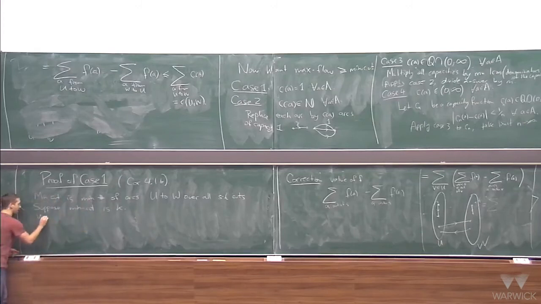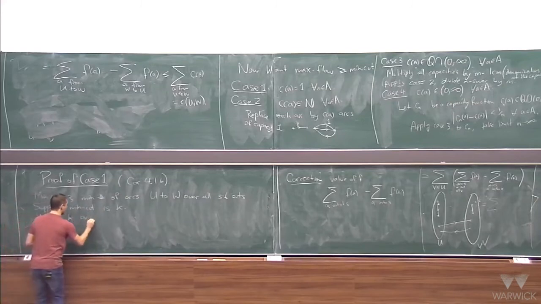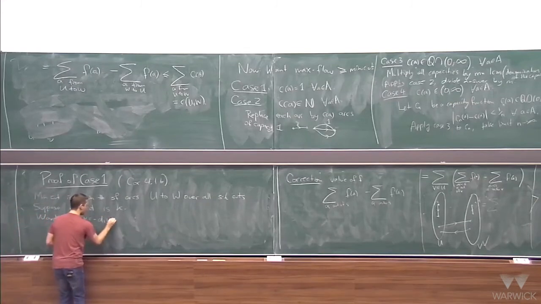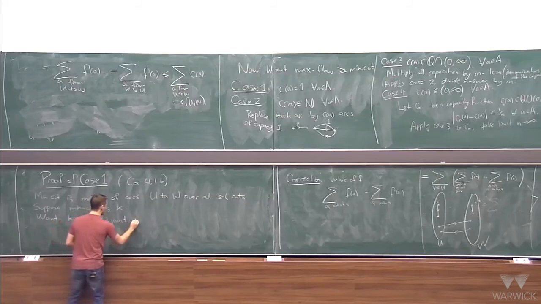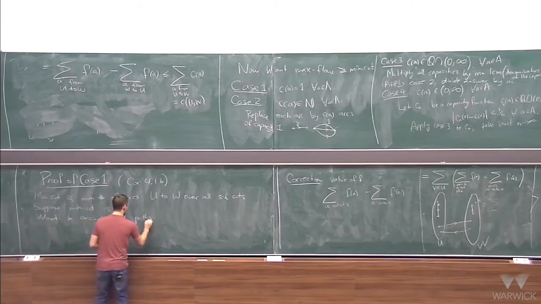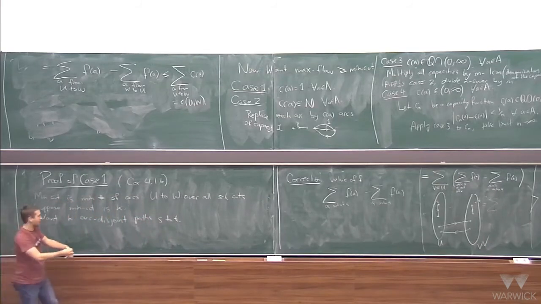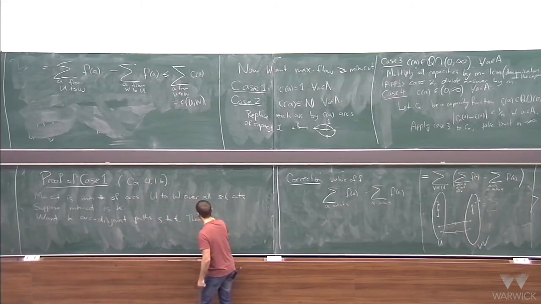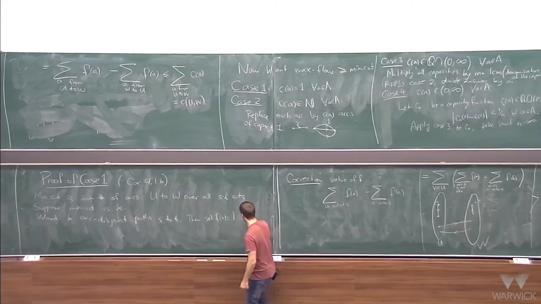So we want to find k arc disjoint paths S to T. If you can find those k arc disjoint paths, then we set f of a equal to 1 for all arcs A in these paths.